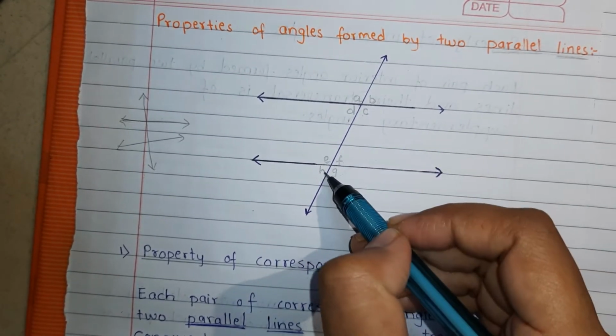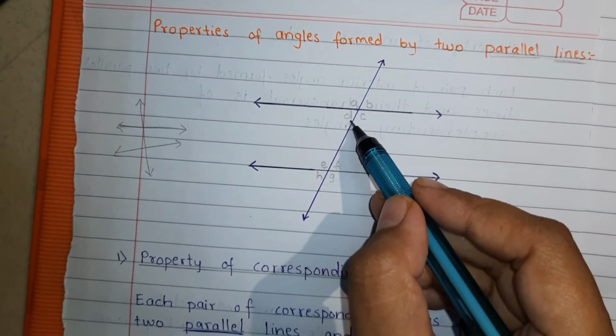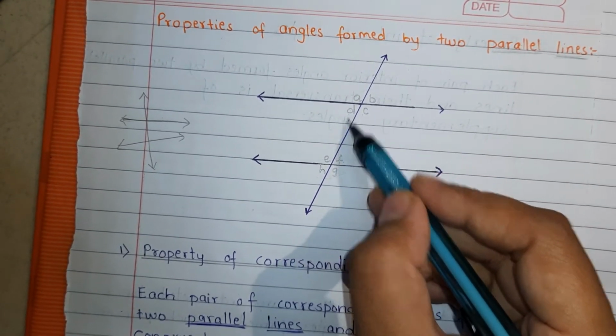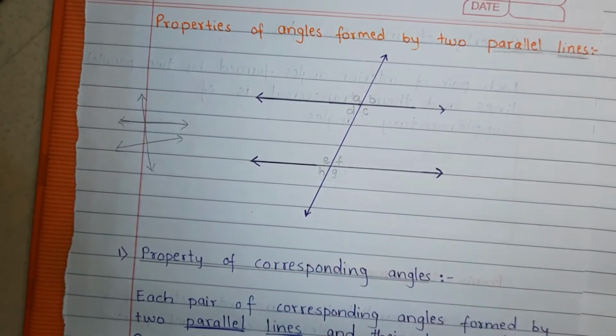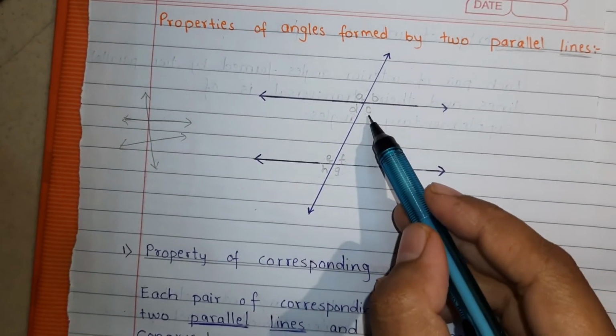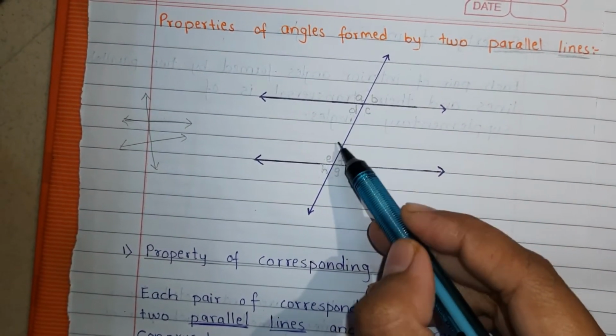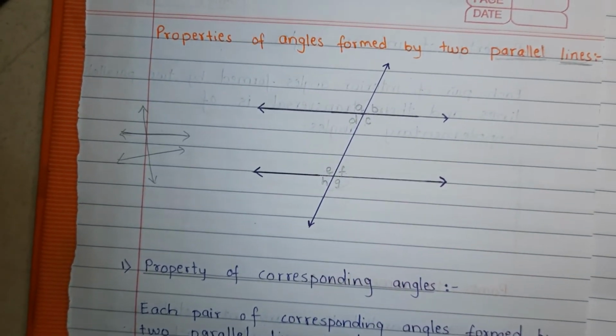Next is B and H. They are also congruent to each other. Next, interior alternate: D and F. D and F are interior alternate. They are also congruent to each other. And next is C and E. They are interior alternate and they are also congruent to each other.